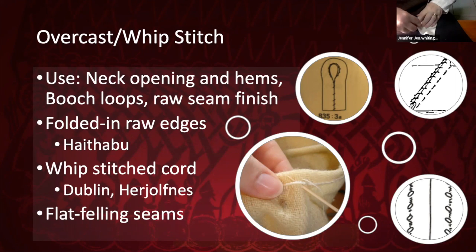And you're going to pull that out. And you're going to step over about a little less than 1/4 of an inch. Pick up a little bit from the outside. You're just going to grab a couple of threads there and then come up through your selvage edge there. So you're just going to come across first, then through the outside, just a couple of threads, and then you're going to come up through your raw edge.